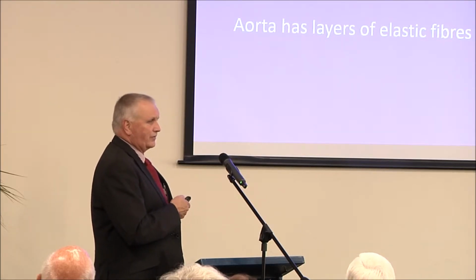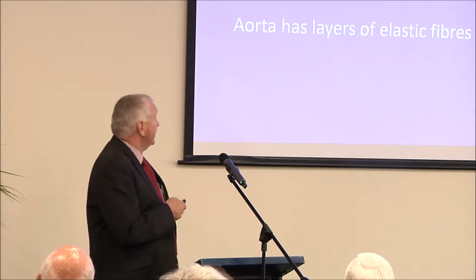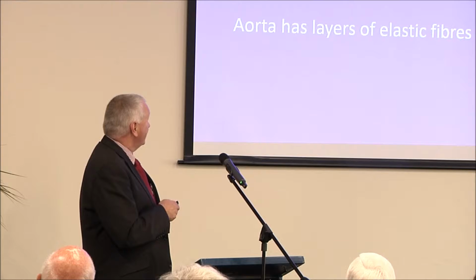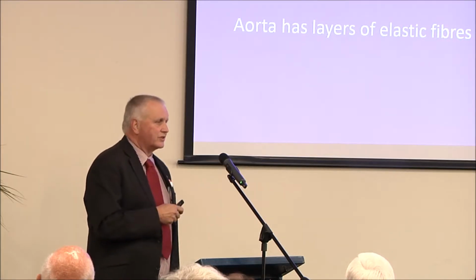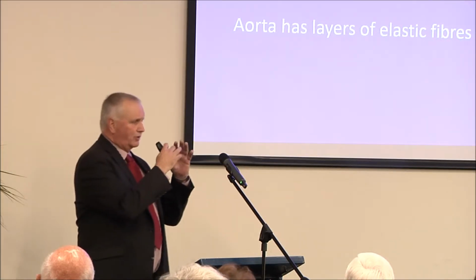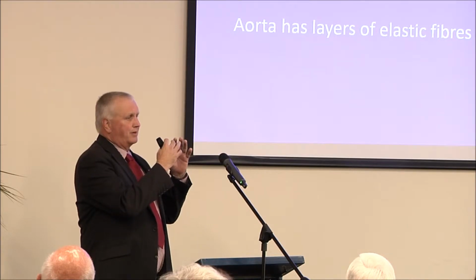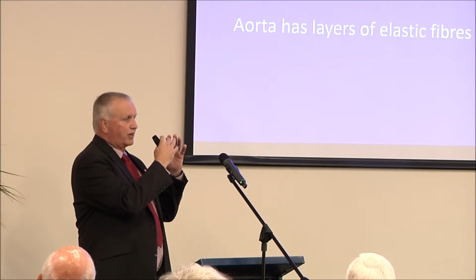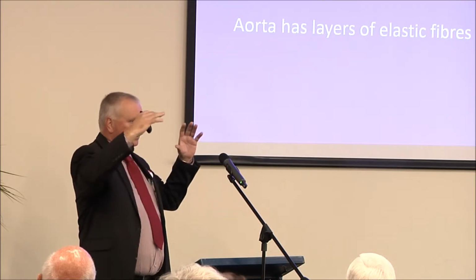Now, this is relevant to aortic dissection in that the aorta and the iliac arteries are composed of elastic fibres. If you can imagine, this allows the aorta to absorb the big pressure wave of blood pumped out of the heart at every contraction, allowing the aorta to expand.